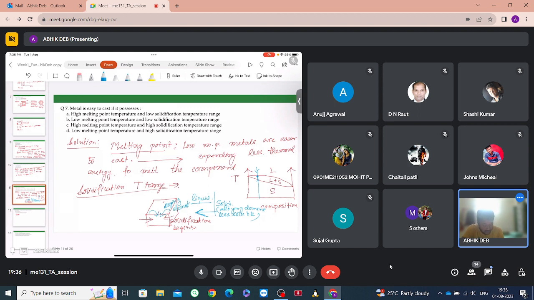Okay, so now after I have explained the significance of the solidification temperature range, can you say whether a high solidification temperature range or a low solidification temperature range will be beneficial?